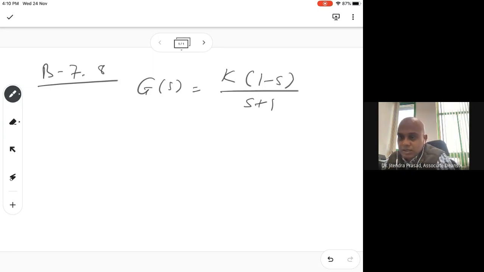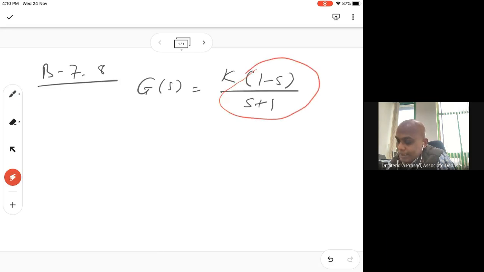Now, what is the meaning of that? You can use just this part to draw the Nyquist diagram, and the K is basically just a factor to multiply with, and you can trace the same thing.